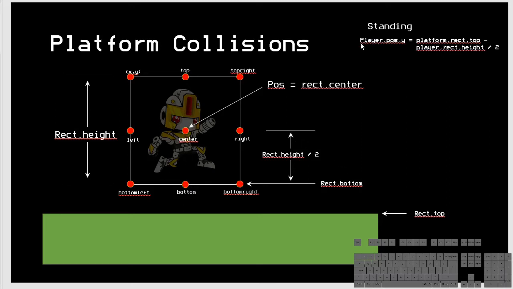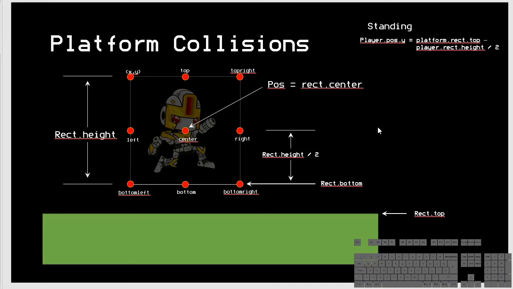So we say here player.pos.y is equal to the platform top minus the player's rec height divided by 2, so it brings it up halfway, and that would be the point there.